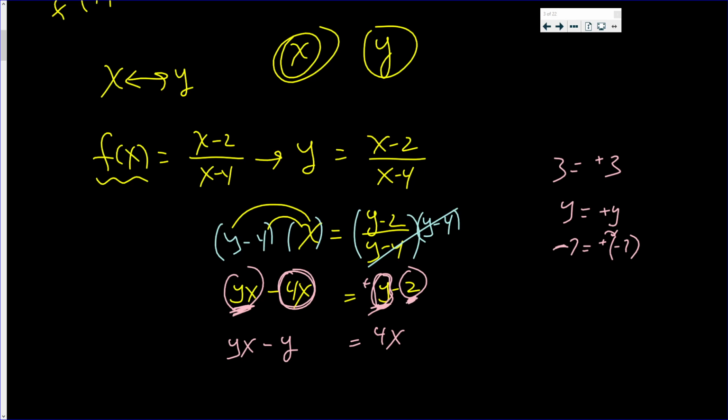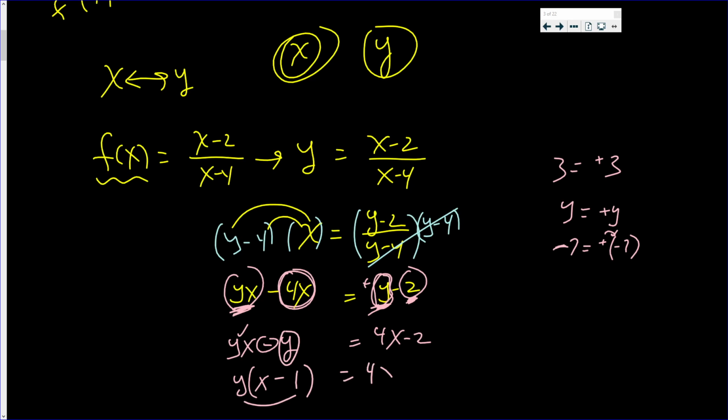The minus 2 stays on the right side because I only want y's on the left side, and 2 is not a y. So it stays minus 2. Now I'm going to factor out y from the left side. Y times x gives me yx, minus y times 1 gives me y.